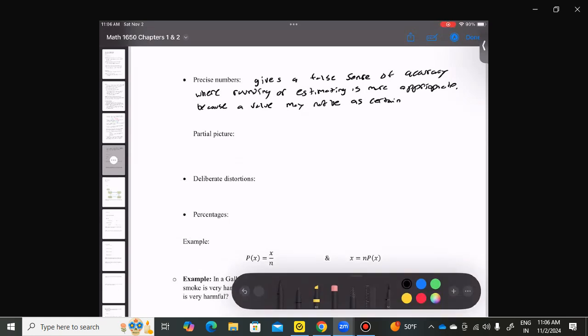Right. Partial picture can give a skewed view of the issue or the situation. It leaves out important information.